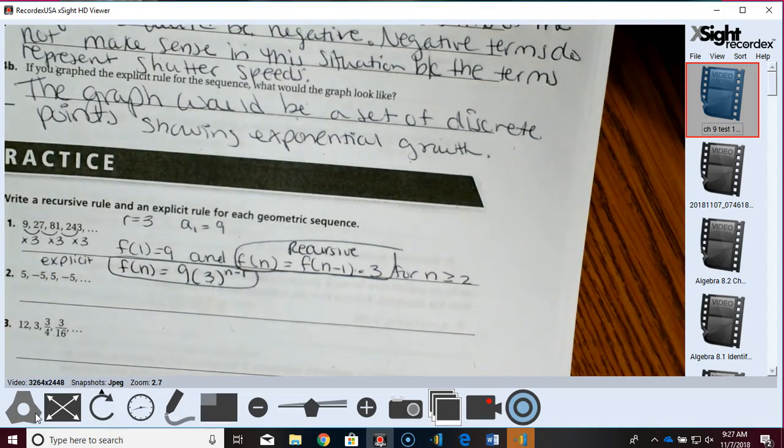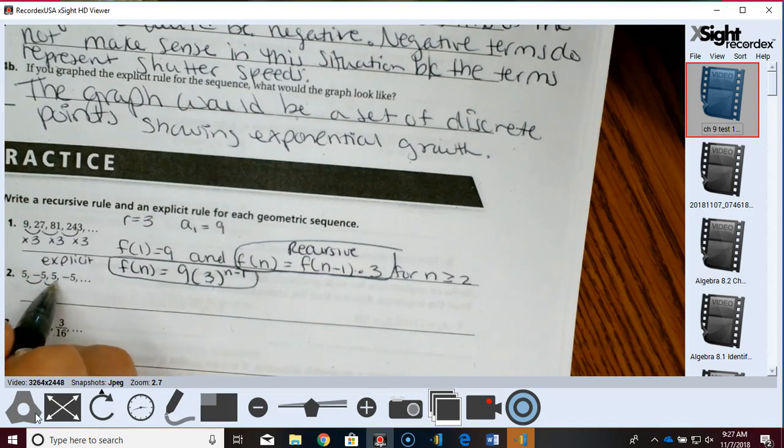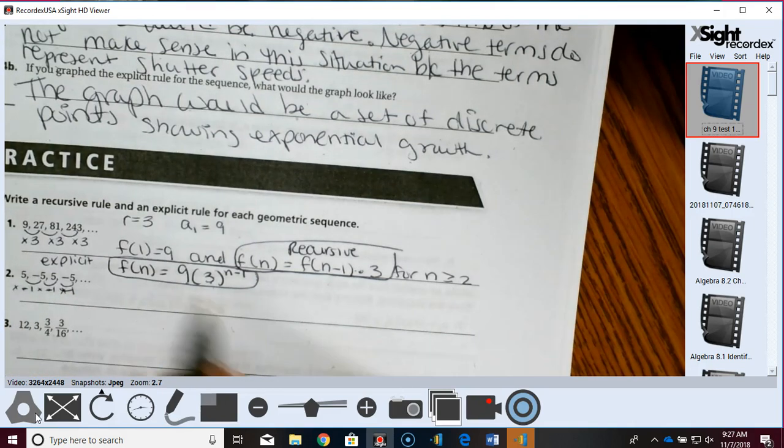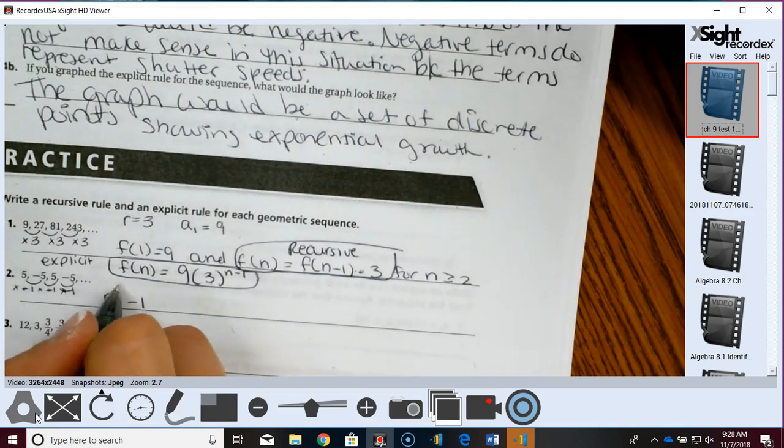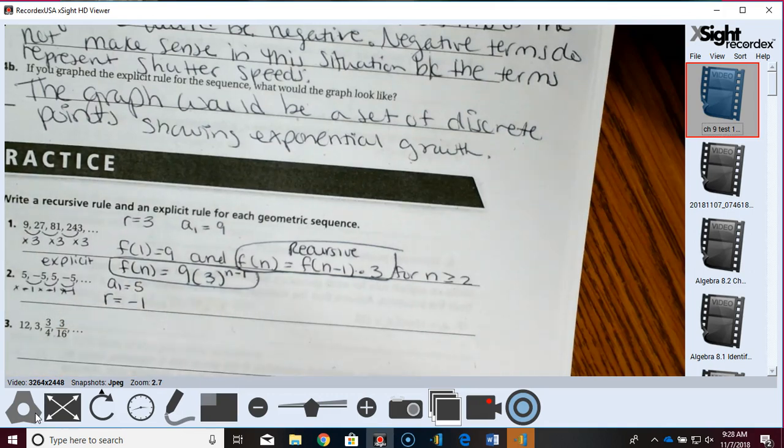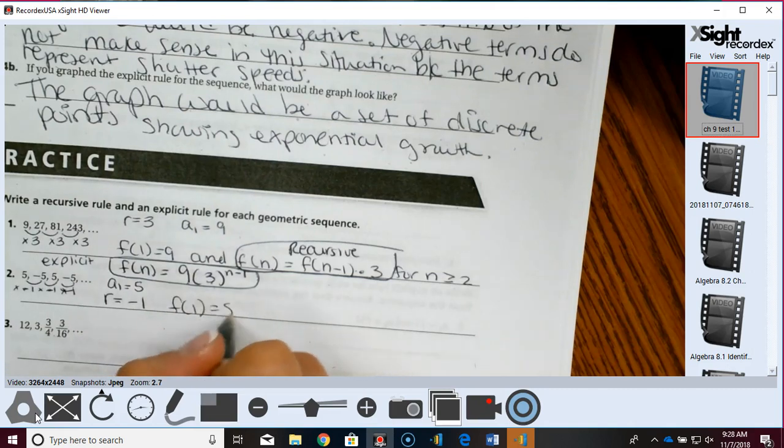So what's going on here? Times negative 1. So your common ratio is negative 1. Your first term is 5. So f of 1 is 5.